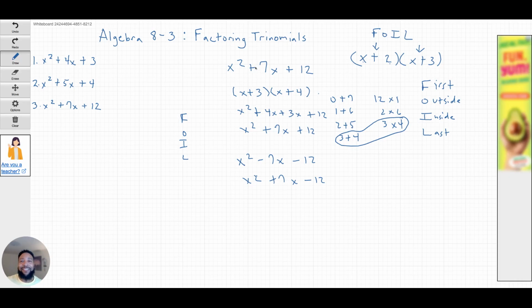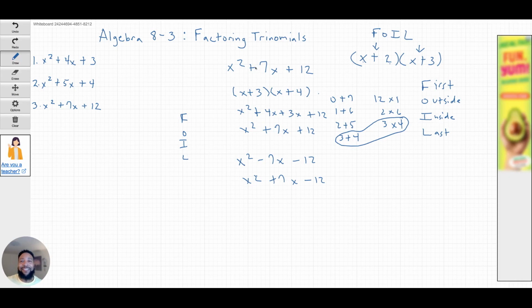But one thing you've got to notice with this easy assumption that you take two numbers and add them, and you take those same two numbers and multiply them to get these numbers, notice that everything is positive. But what if you had x squared minus 7x minus 12, for example, or x squared plus 7x minus 12? It's going to be a little bit different.